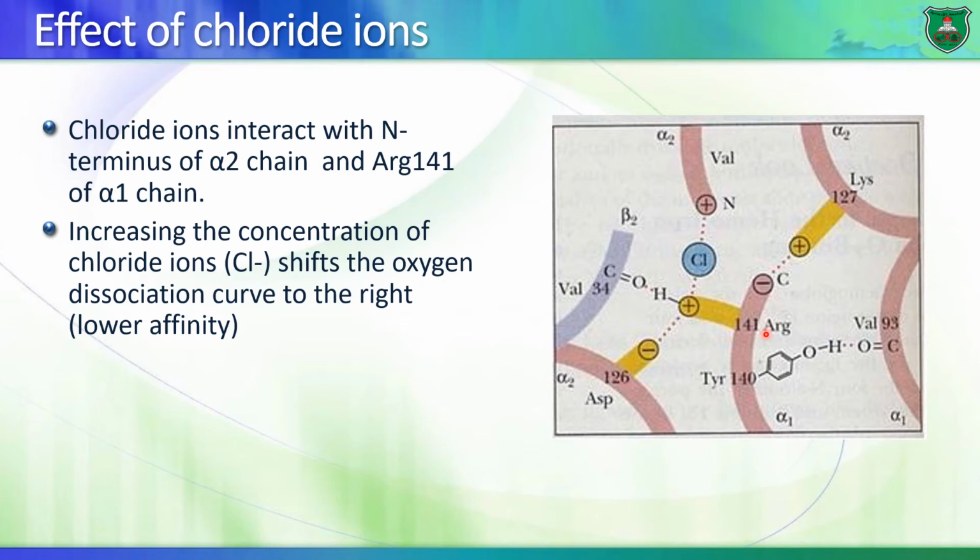This arginine is the very last amino acid in the primary structure of the alpha-1 chain. Now remember that the alpha-1 chains are composed of 141 amino acid residues. So that increases the number of electrostatic interactions within the hemoglobin molecule, and that would stabilize the T structure of hemoglobin, lowering the affinity towards oxygen. So in tissues, oxygen is again released, and the opposite takes place in lungs.